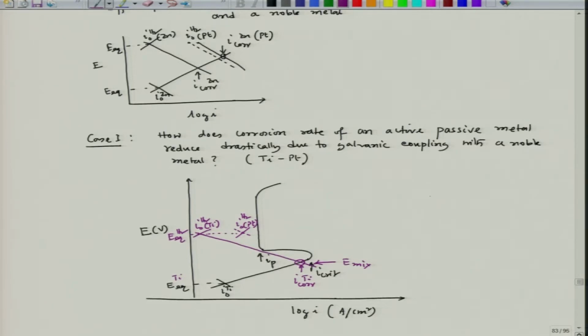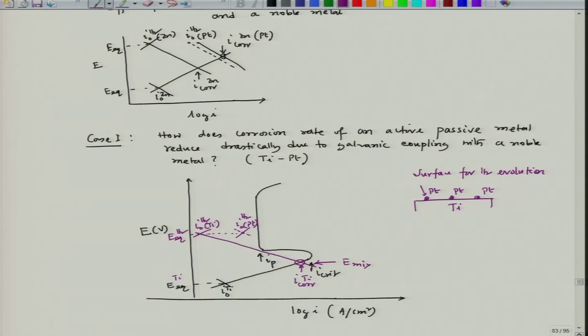That means, if we have a titanium piece with kind of dots of platinum on top of it, these are the zones where platinum is locally present. So, this provides surface for hydrogen evolution, and the exchange current density of hydrogen evolution on these platinum surfaces will be much higher than the hydrogen exchange current density on titanium surface.